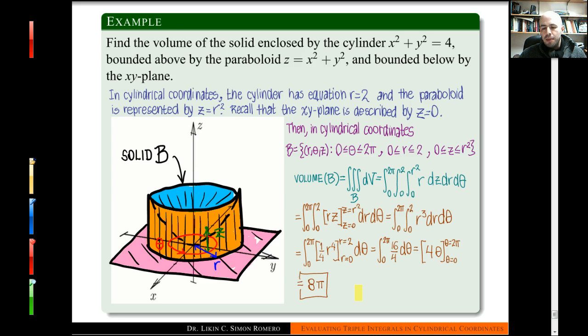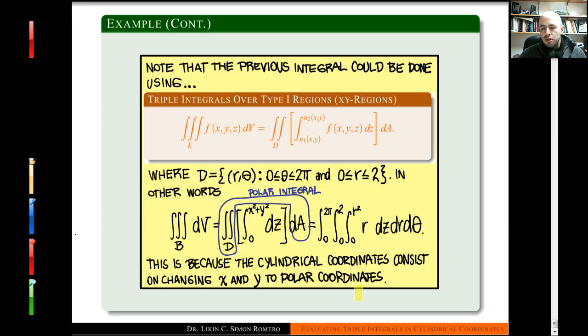You can verify it, and you can pause and do it yourselves. Remember that you can always do that. The thing that I want you to notice is that we can use something that we did before with triple integrals over xy regions. First integrate with respect to z, and then worry about the other integral.